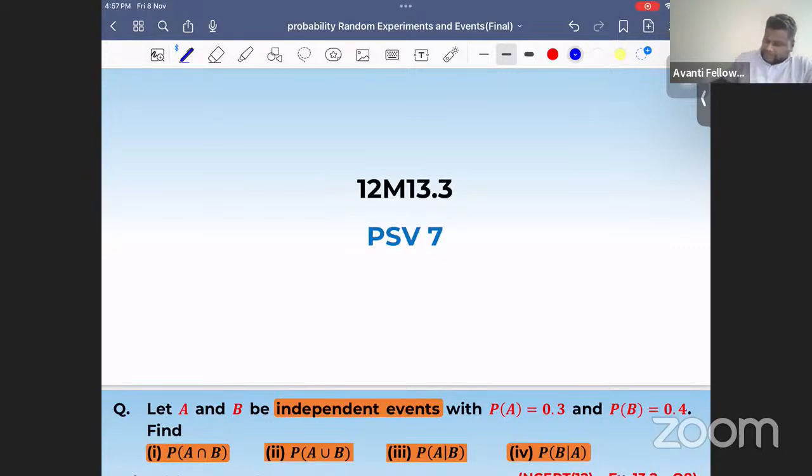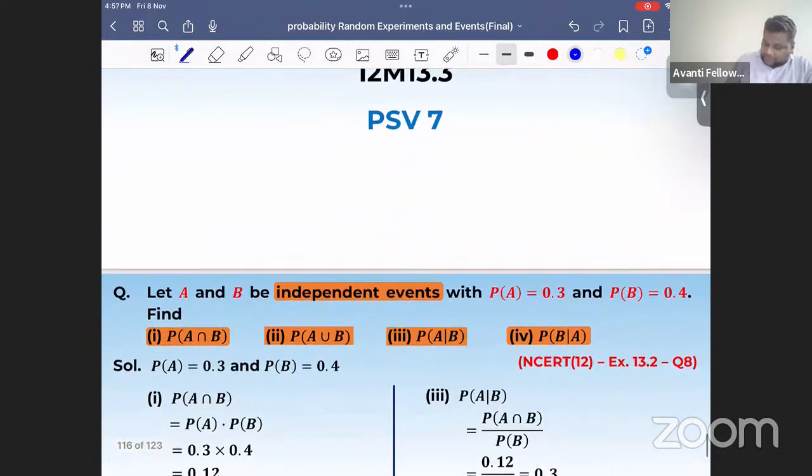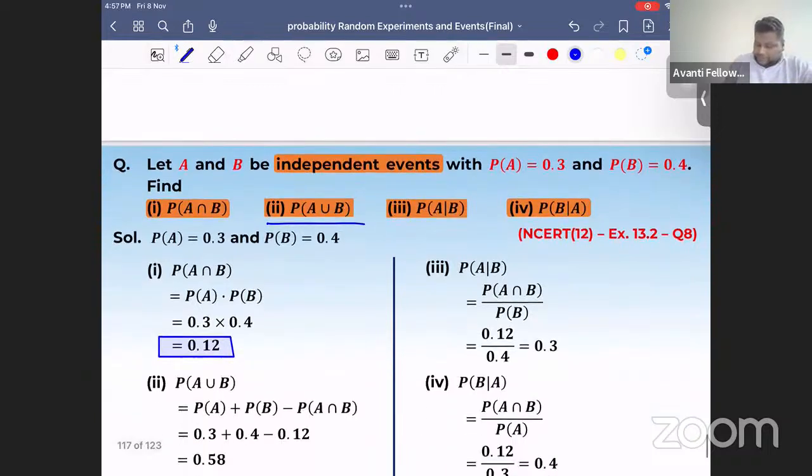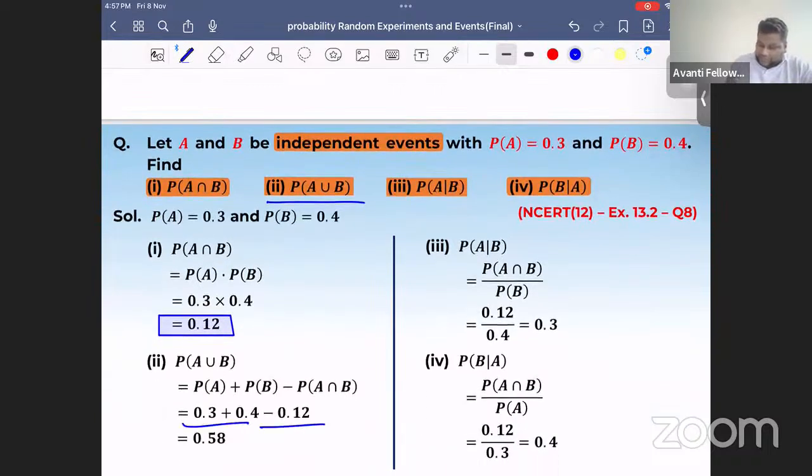Yes, what is P(A intersection B)? If they are independent events, it is P(A) into P(B). So P(A intersection B) will be 0.3 into 0.4, it is 0.12. Got it? Similarly P(A union B) will be what? P(A) plus P(B) minus P(A intersection B). So P(A) plus P(B) is 0.7 minus 0.12, answer will be 0.58.